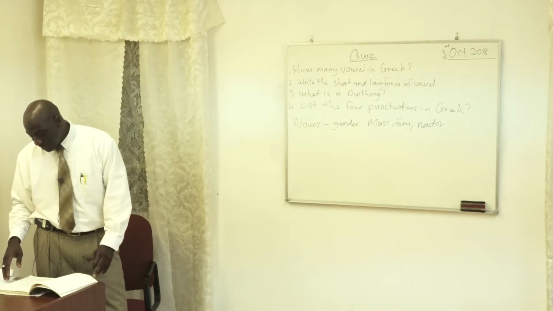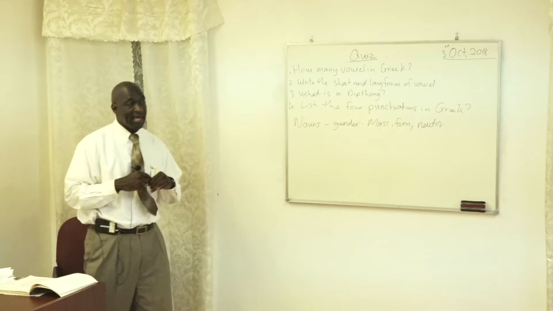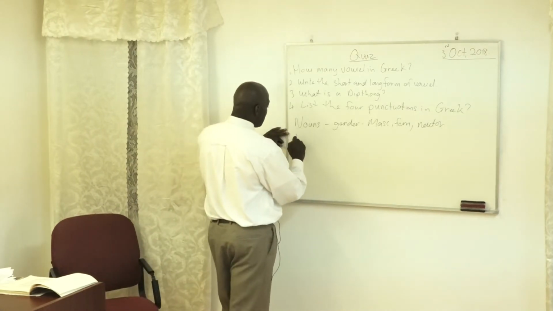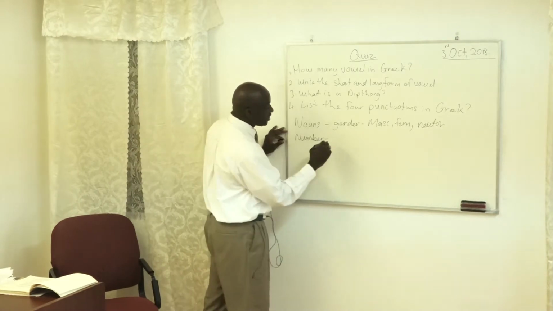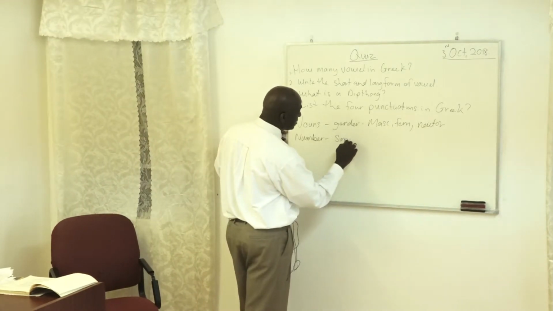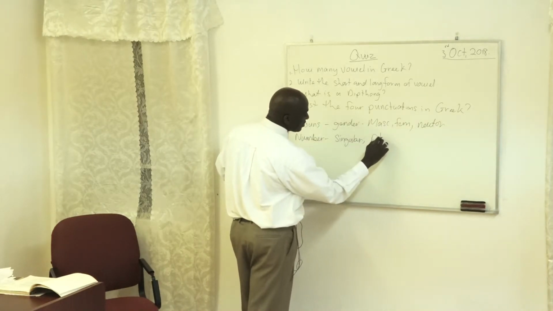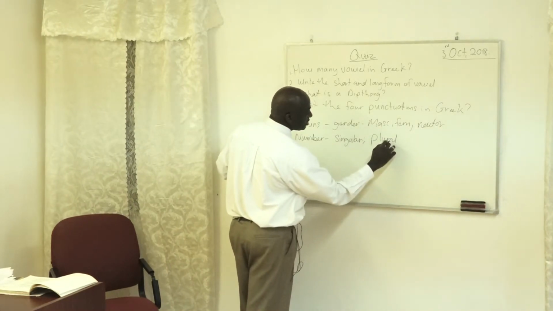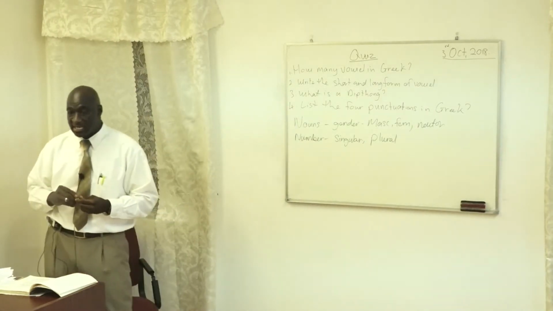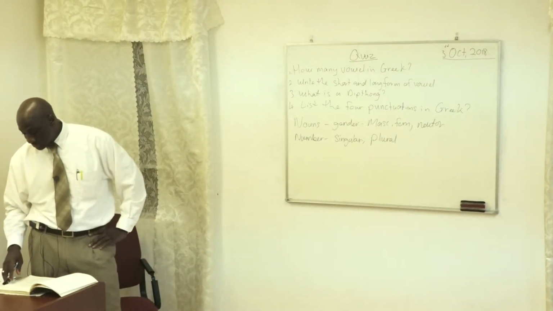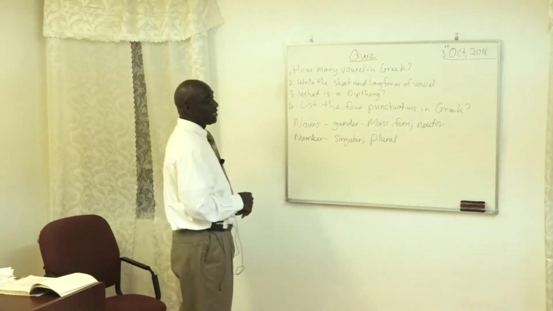Okay, another part of speech. Not only are there nouns, but there is number. When we refer to number, what are we talking about? Singular and what? Plural. So when we're talking about number, we're talking about whether it's singular or plural.